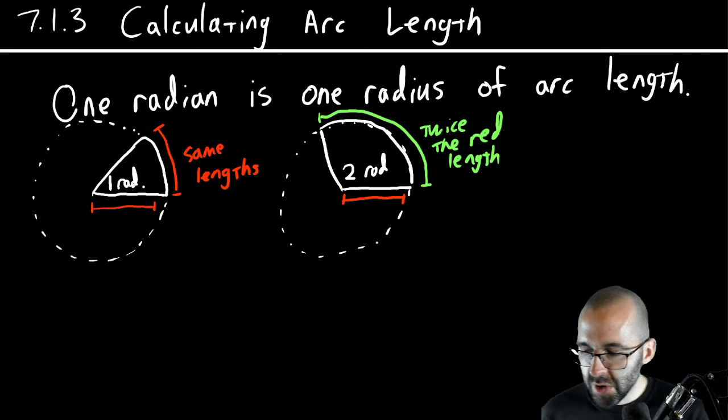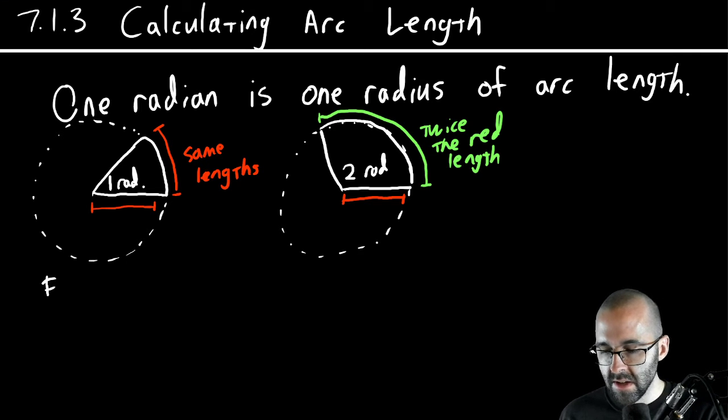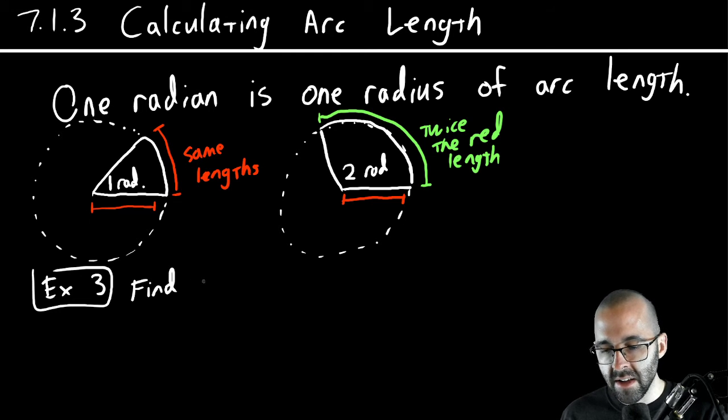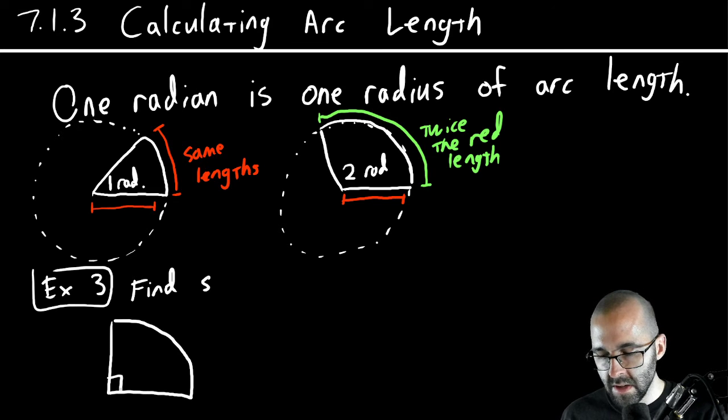Okay? So if we do some examples with this, example 3, find the arc length S. In this first example, we have an angle of pi over 4, a radius of 2 meters.